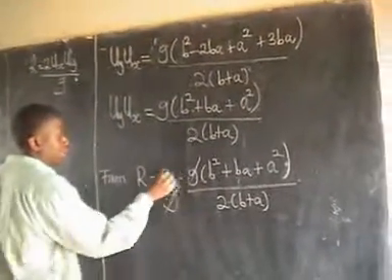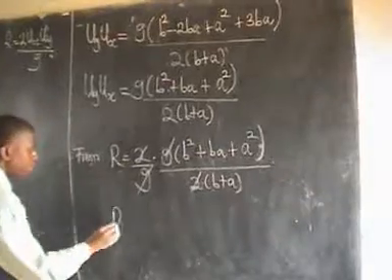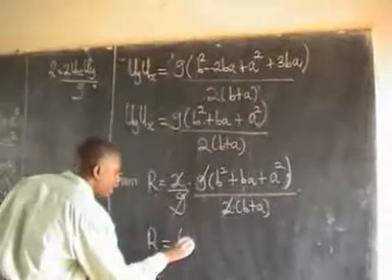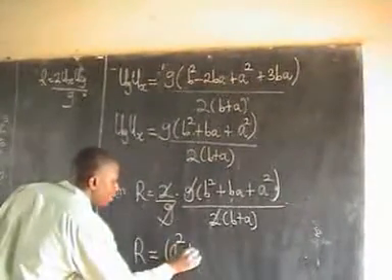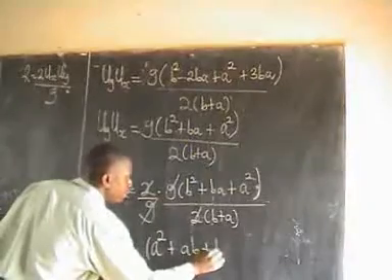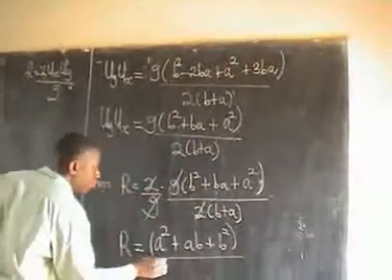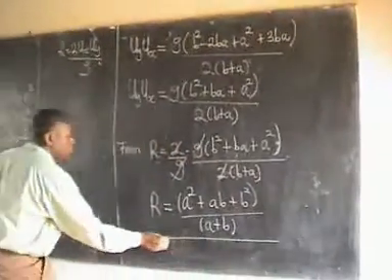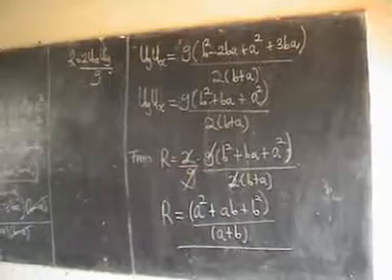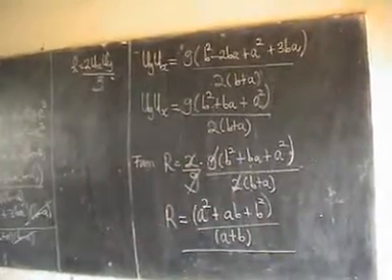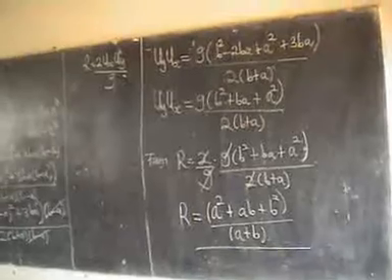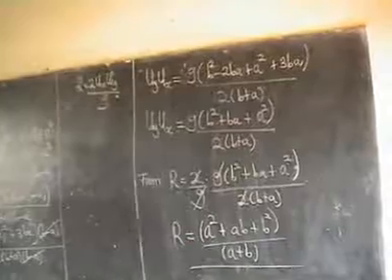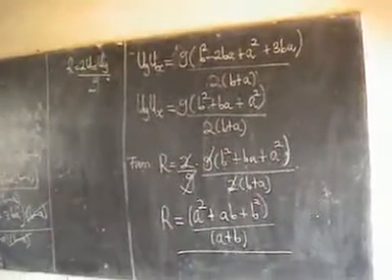So the g will cancel, the 2 will cancel, and we remain with our range r equal to, so I can even rearrange this as a squared plus ab plus b squared over a plus b, and this is actually the required expression. So there is some bit of algebra, but provided the equations are correct, you will always arrive at the final answer.